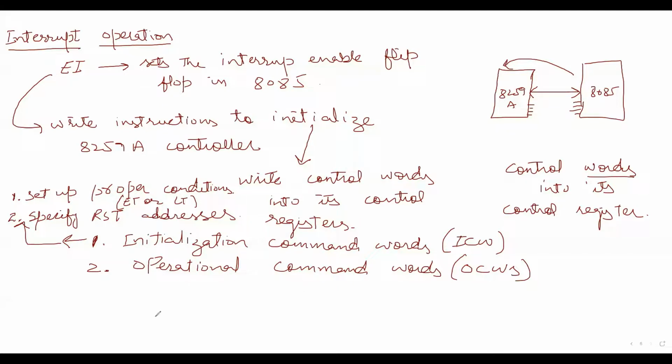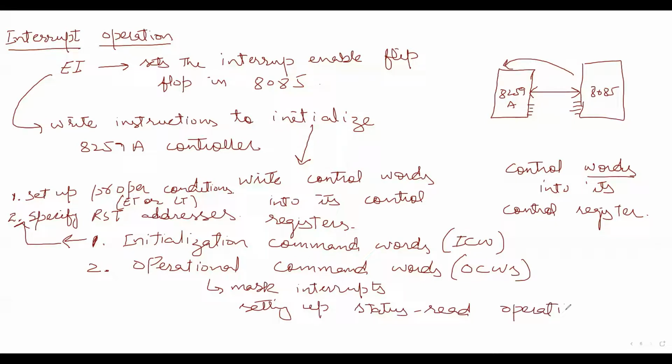Now, what are the functionalities of operational command words? They are used for operations, for example, to mask interrupts, provide masking, set up status read requests or read operations, and many more.